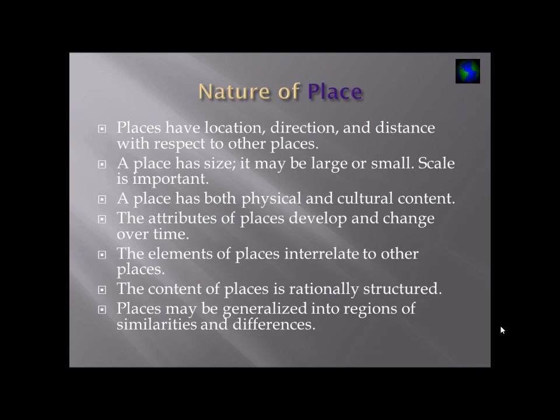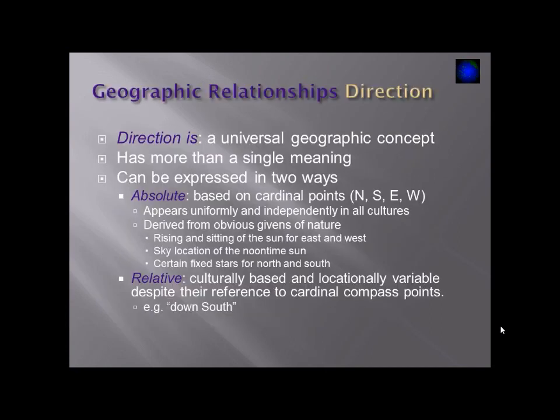Content of places is rationally structured, meaning that it's kind of like culture in that nothing exists without a function, and that function serves to render the whole successful. So the content of places is rationally structured. It serves the place. Places may be generalized into regions of similarities and differences. So that's where we're getting to what we're going to study, which is world regional geography.